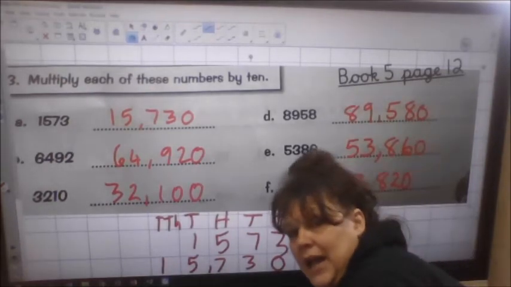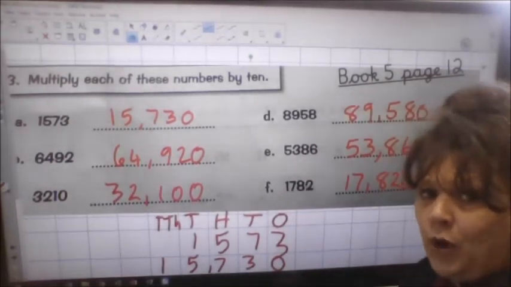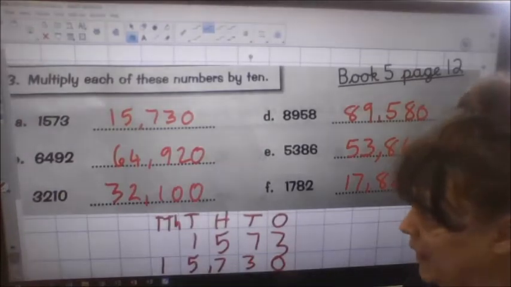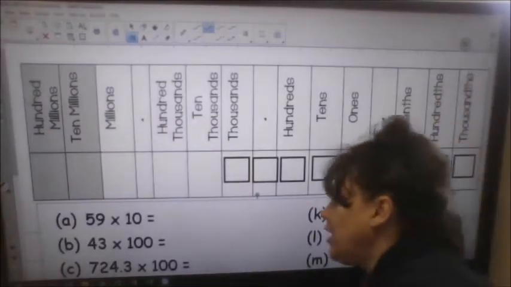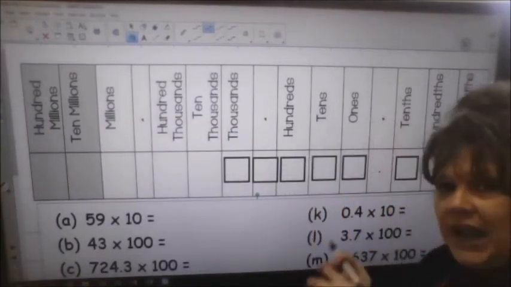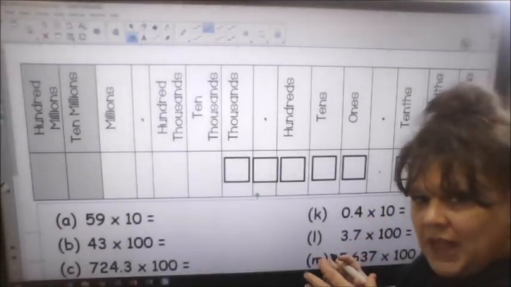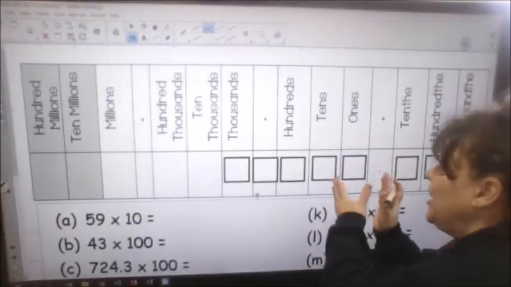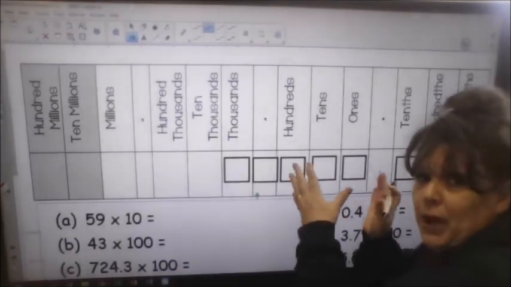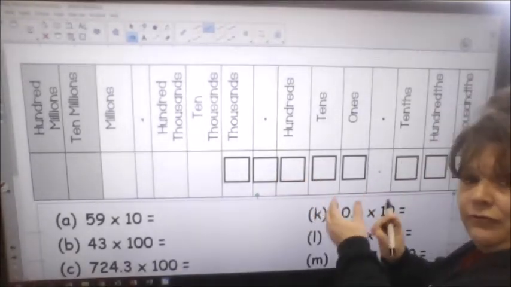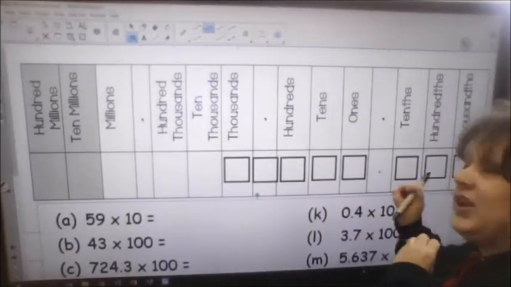So let's have a look at what happens now when we add decimals into the mix. A decimal number is simply a number where the whole part is separated from the parts of that number with a decimal point.